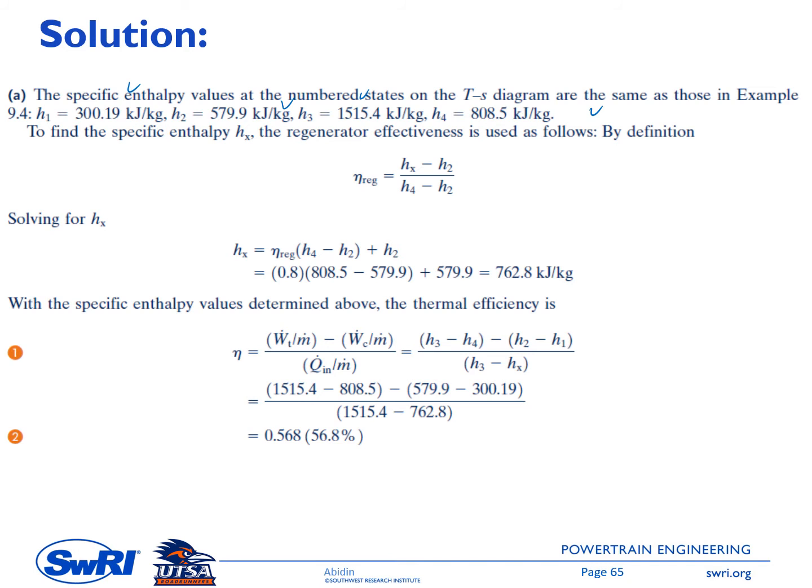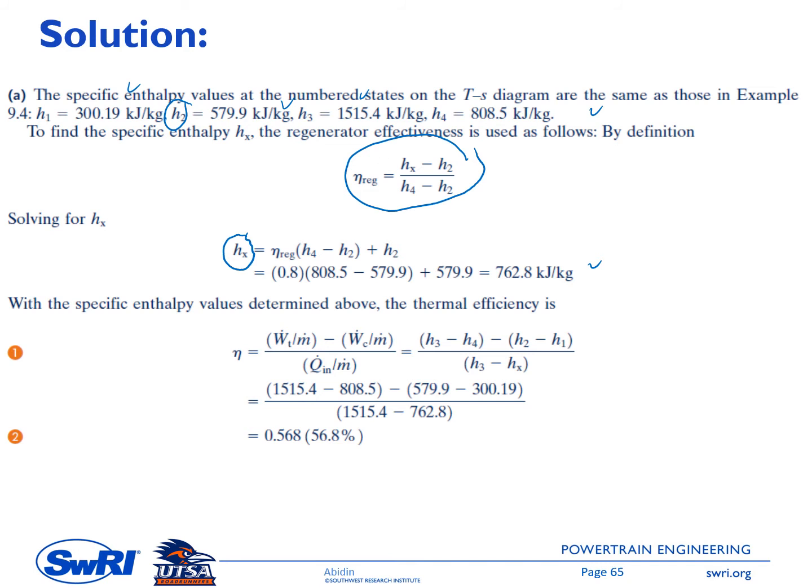The next step is to determine the enthalpy at state or point X. In this case we will use the correlation of the regenerator effectiveness. The effectiveness is 80%, and H2 we know, H4 also we know, so we should be able to get the enthalpy at point X here: 762.8. You can see here, if we don't use the regenerator, the enthalpy at the combustor entrance will be H2, 579.9 kilojoule per kilogram.